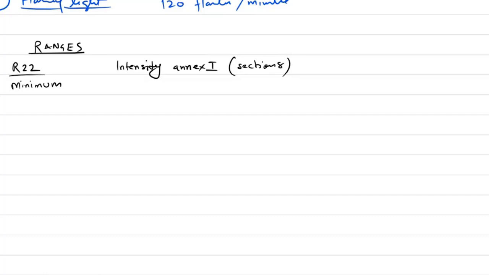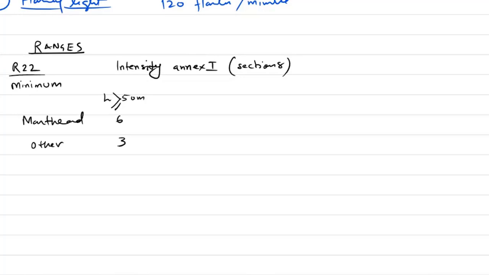All right. If the vessel is 50 meters or more in length, that makes sense: the masthead light is 6 miles, and the rest of the lights are 3 miles.